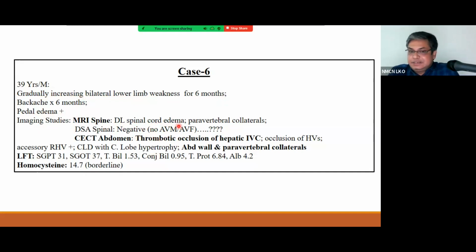In such a condition, AVF or AV malformation was suspected. Spinal DSA was done, however, it was negative. So CECT abdomen was done, and that revealed thrombotic occlusion of hepatic veins and IVC with abdominal wall and paravertebral collaterals, features of CLD, along with a patent accessory RHV. LFT was just marginally deranged. Homocysteine level was borderline.